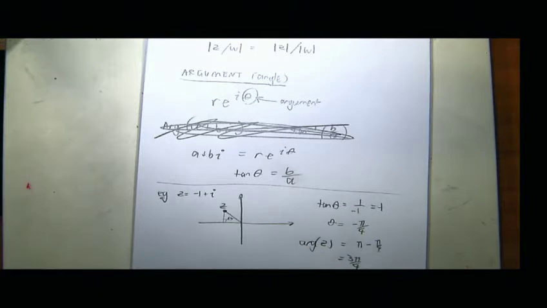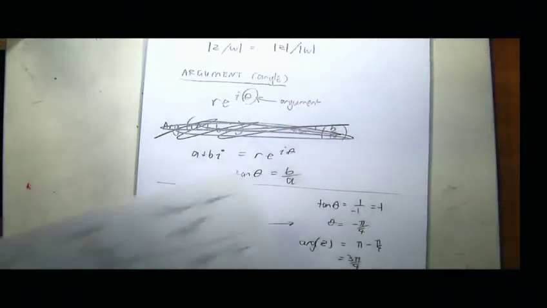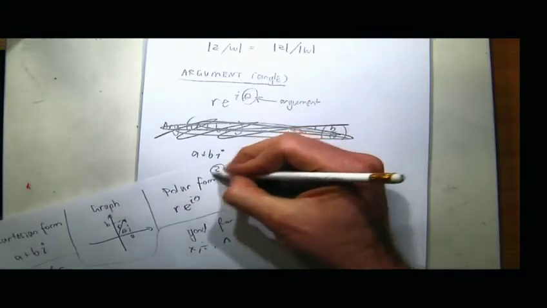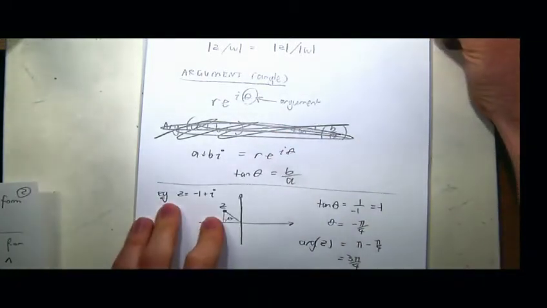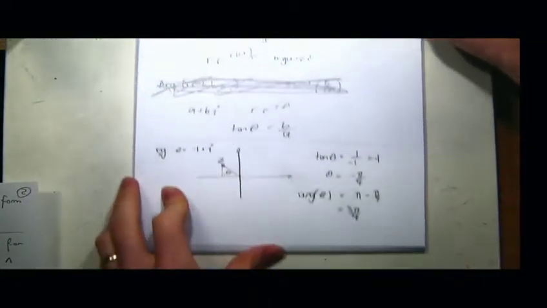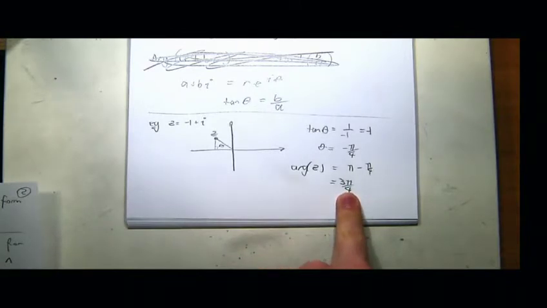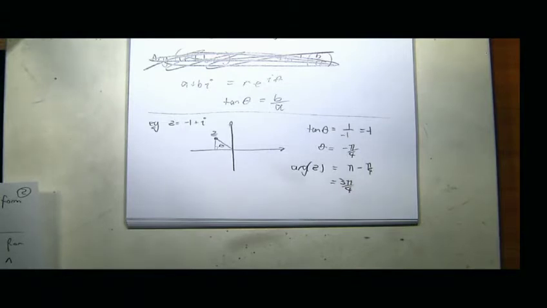So the principal argument they call is the one that fits between minus pi on 2 and plus pi on 2. So the smallest sized angle that produces your complex number is called the principal argument. So this is in fact the principal argument, because it's the smallest sized angle that produces my complex number.